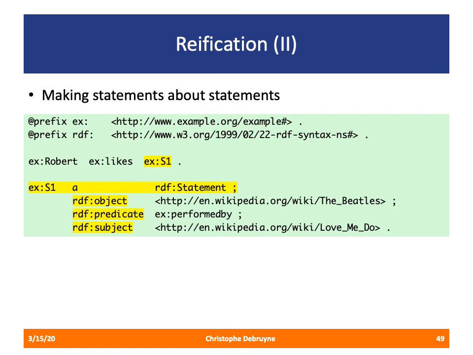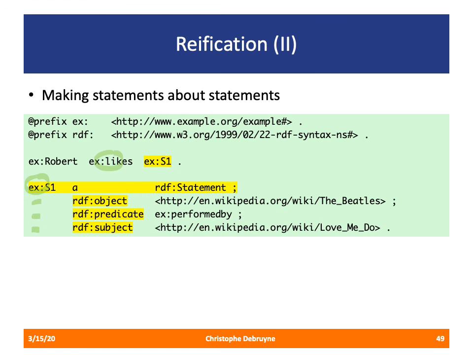Here we have the same example using RDF Turtle, and here the challenge with reification will become more apparent. We state that Robert likes something, and that something is a statement with an object being the Beatles, a predicate being performed by, and the subject being Love Me Do.